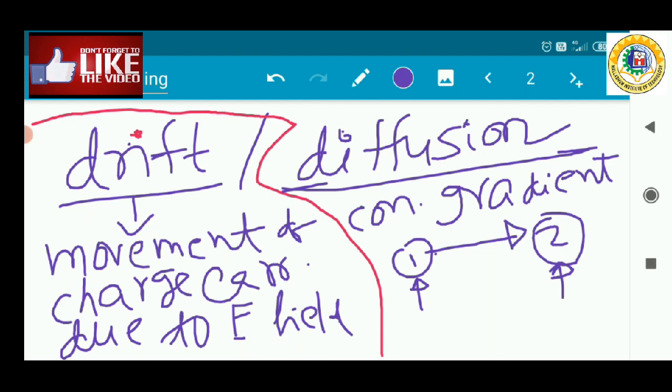That phenomenon is called the diffusion phenomenon. As the carriers move, there is a generation of current. This current is called the diffusion current. These are the two basic mechanisms inside the semiconductor through which we get current out of the semiconductor.